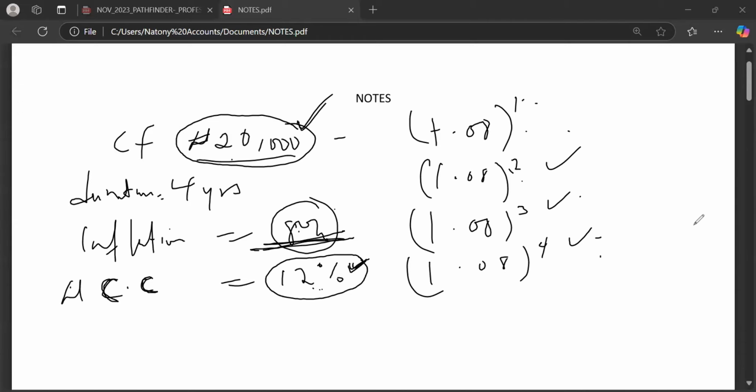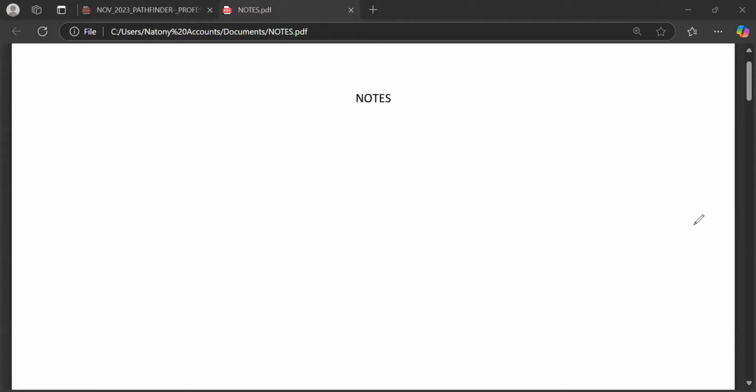The second way you may see a question may be that if I'm given 20,000 now, and I'm told that the inflation rate will differ. Year one, 10%. Year two, 20%. Year three, 30%.